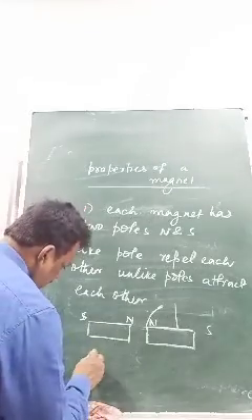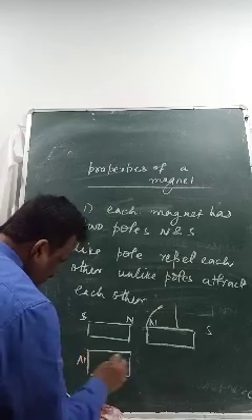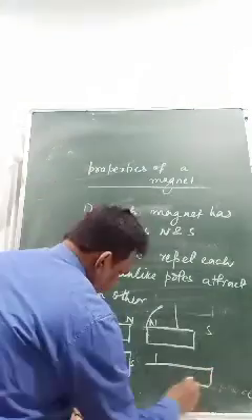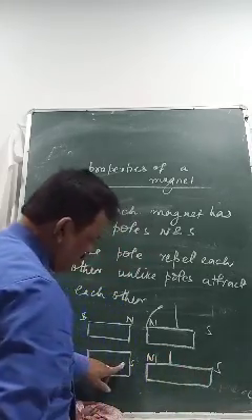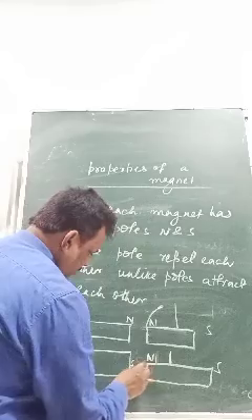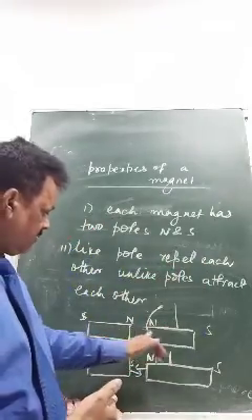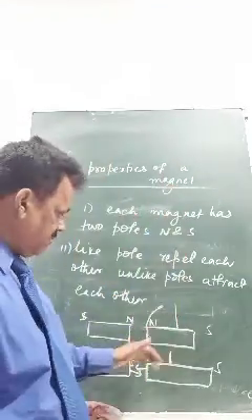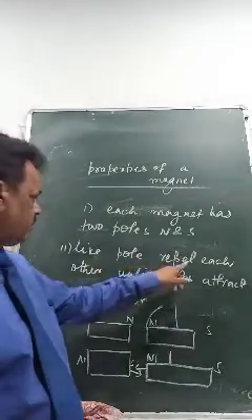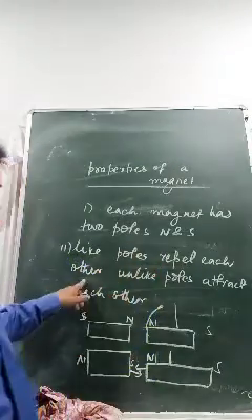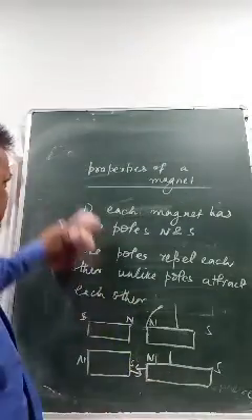Then if you have north south and bring another magnet, then unlike poles attract each other. When like poles, they will repel each other. So these are the two points you got: like poles repel each other, unlike poles attract each other.